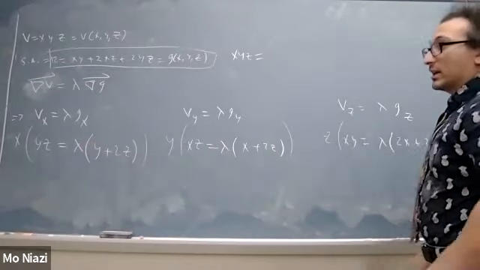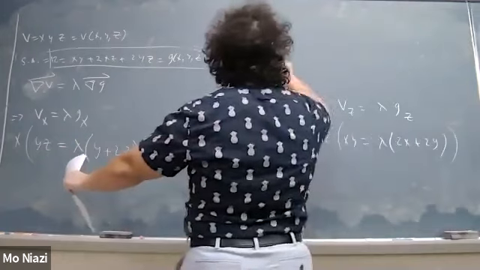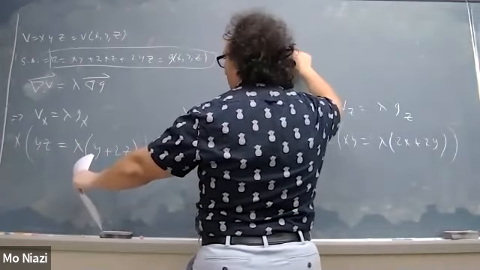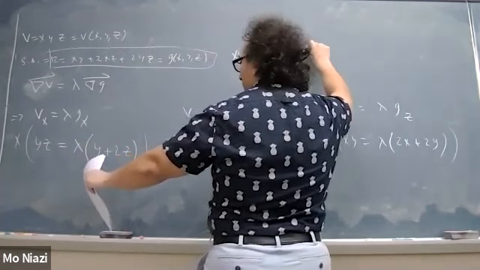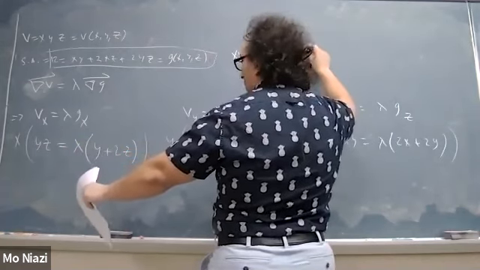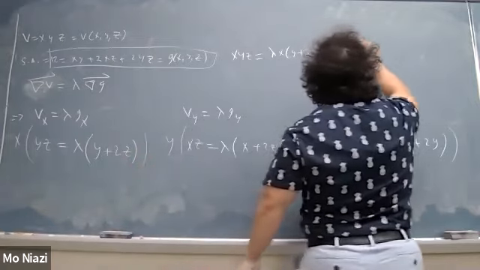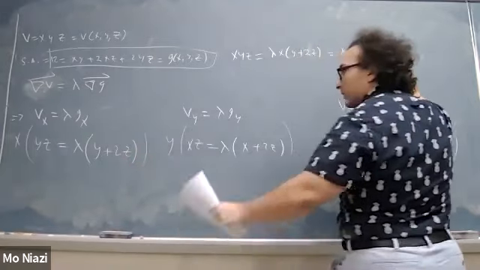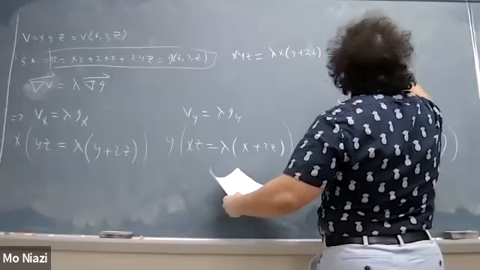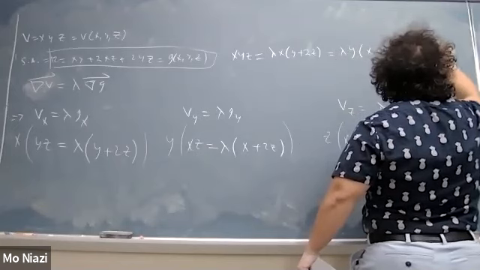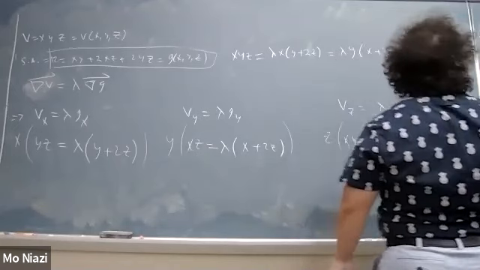And on the right-hand side, you'd get lambda x times y plus 2z is the same thing as lambda y times x plus 2z is the same thing as lambda z times 2x plus 2y.